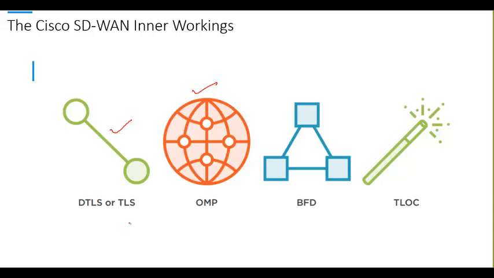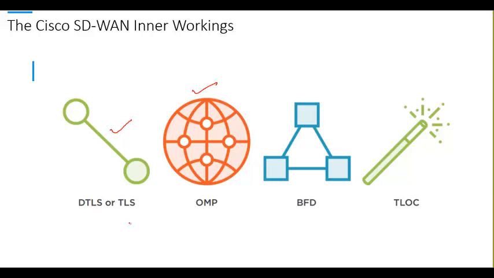Now, OMP is a TCP-based extensible control plane protocol. It is a combination of the control plane functions that are needed, in a single protocol umbrella.